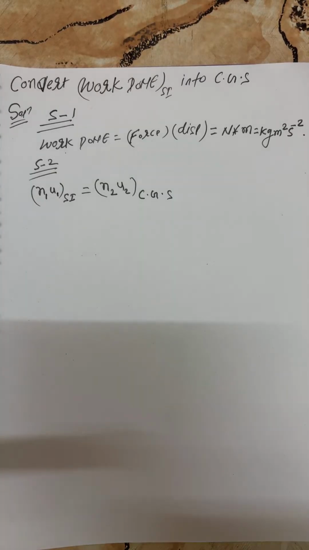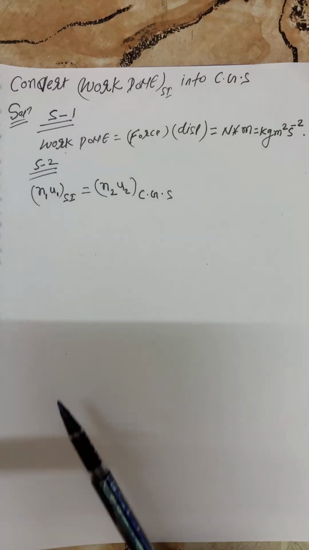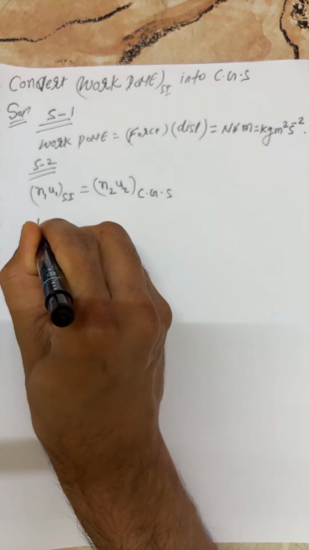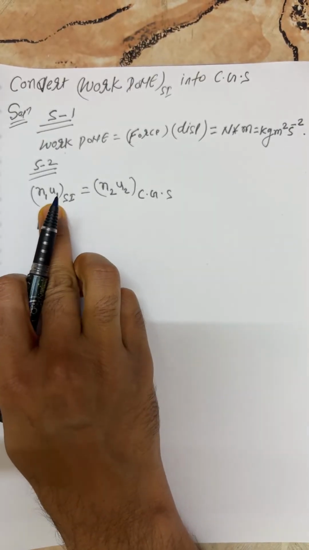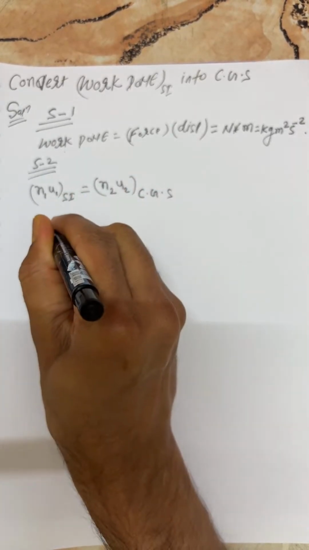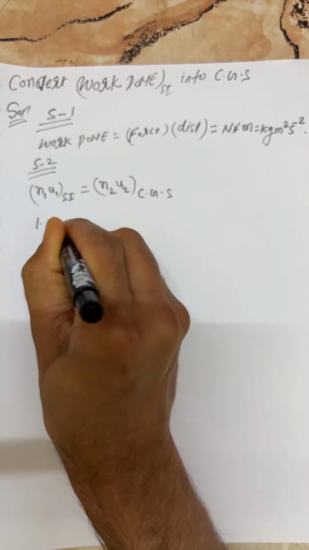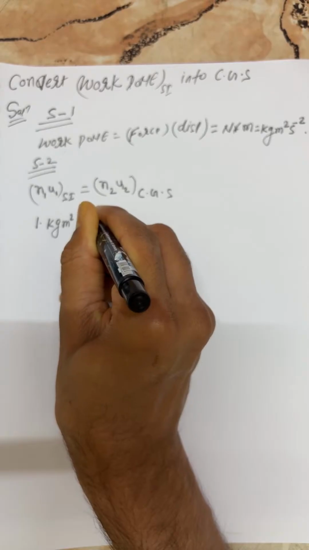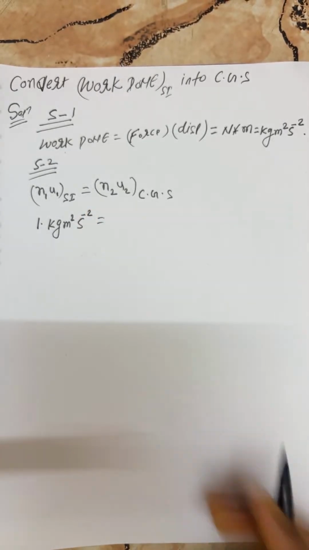N1 implies the numerical value, my kids. How many work done do we have? Only one. So you can write only one. U1 is the unit already found, so you can write kilogram meter square s to the power minus 2.